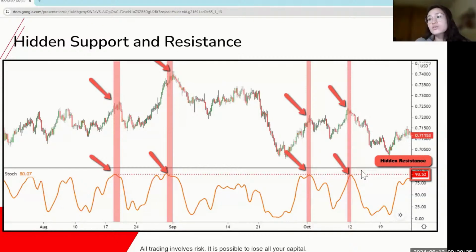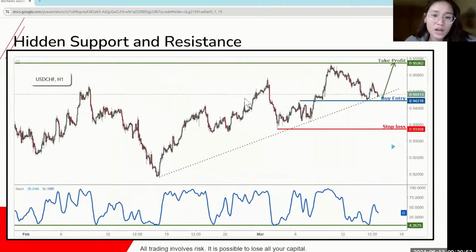So hidden resistance is when our stochastic or RSI or whatever oscillator indicator you're using, basically at the peaks line up to give you a horizontal resistance level, whereas on our price, you can see very clearly that the peaks don't line up. Okay, I think that's pretty straightforward.